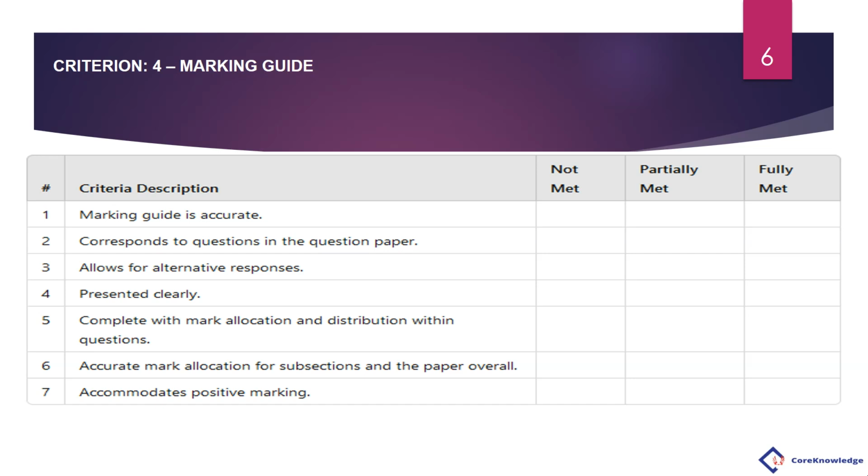As well as criteria number five, complete with mark allocation and distribution with questions. So make sure that the questions, answers and mark allocations are clear and aligned. Remember, in the assessment, marks should be clearly identified for each and every question. When you go to the marking guide, the same thing should be clear.